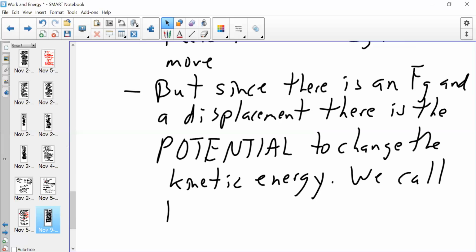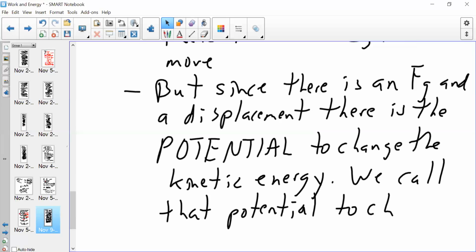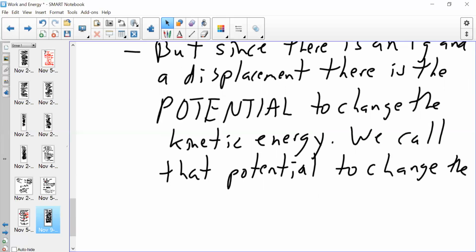We call that potential to change the kinetic energy the change in potential energy.